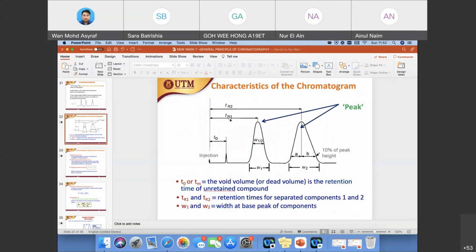What is the time taken from the time of injection up until the emergence of the first peak? That is your retention time number 1. Retention time number 2 is the same, from the time of injection up until the time of emergence of the second peak.